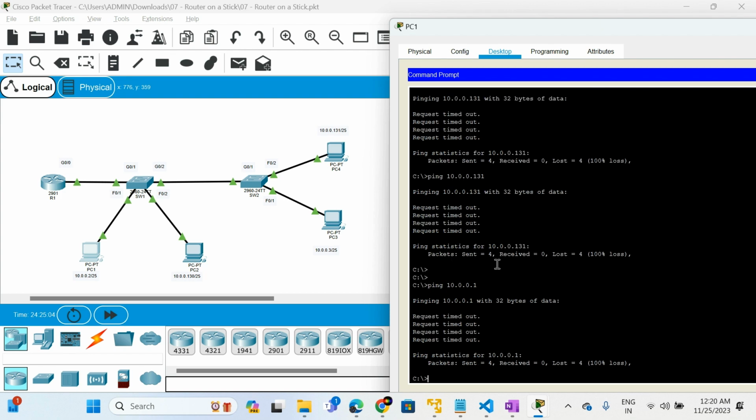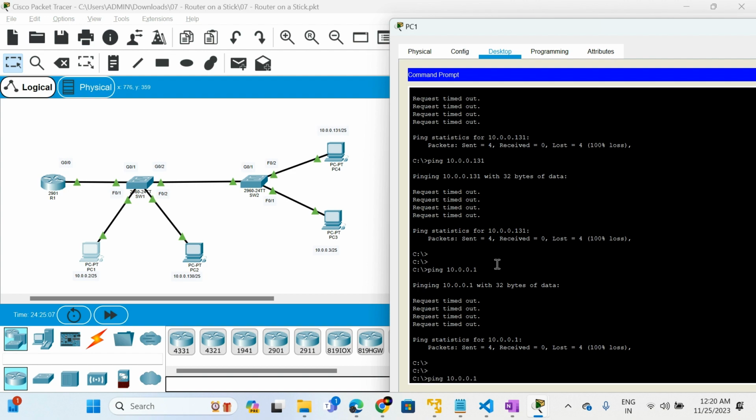That's the concept behind router on a stick.